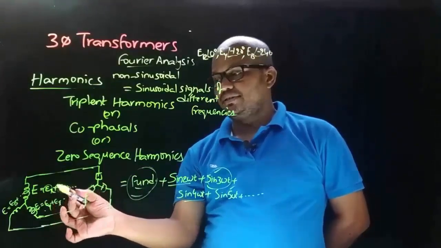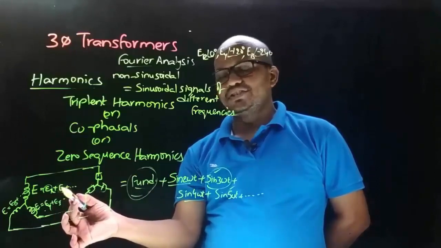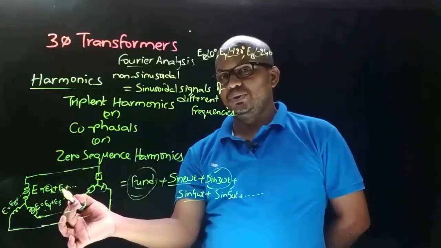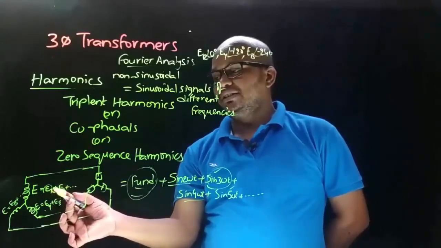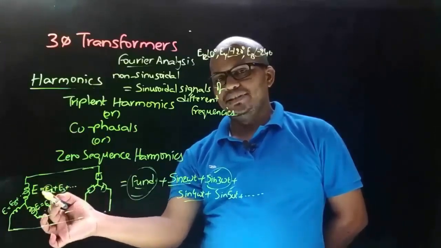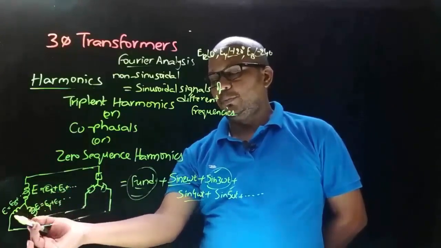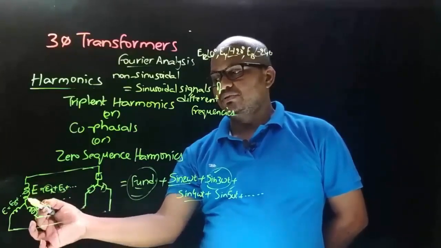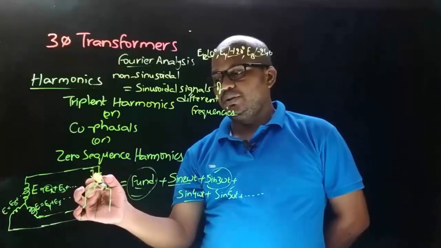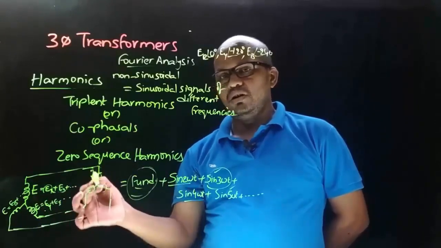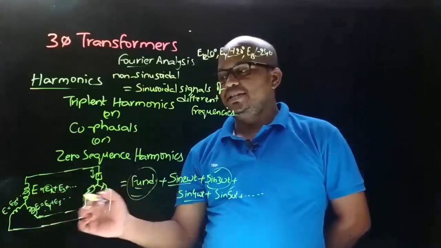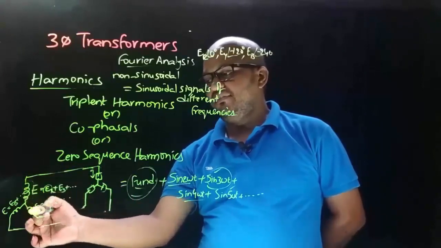But now coming to the triplen harmonics, that is zero sequence harmonics. Zero sequence harmonics have a phase difference of 0 degrees, meaning all the triplen harmonics will start at the same time: the triplen harmonic from this phase, from this and from this will start at the same instant. One triplen harmonic is opposed by the others, meaning for triplen harmonics there is no closed path to flow, so they will remain in the phases.